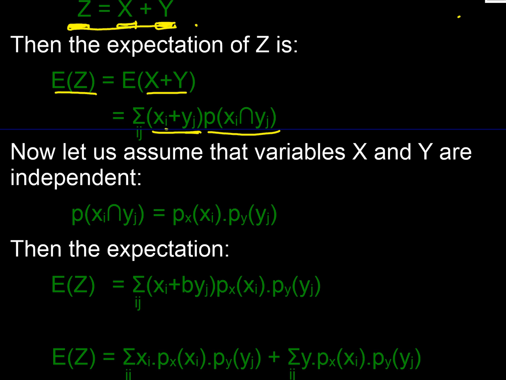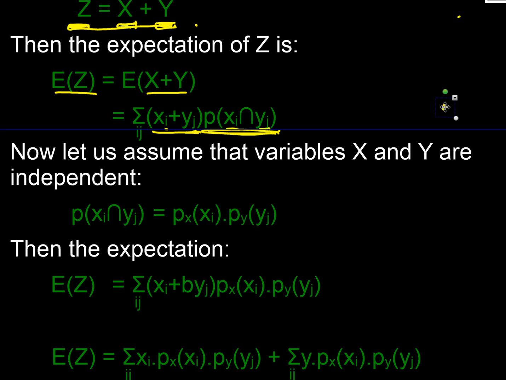Because they're two different variables, we've got i for all the values of the X, and j for all the values of the Y. And here's our probability of the two, and that's going to be the intersection, isn't it? If we were drawing this as a Venn diagram, that would be our intersection of those two occurring, the xi and the yj occurring.